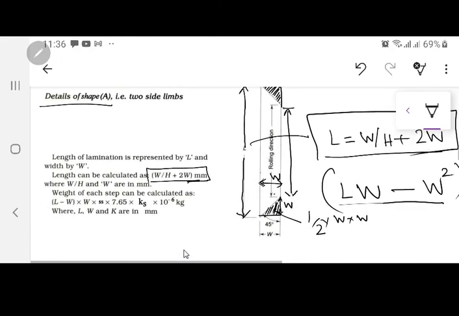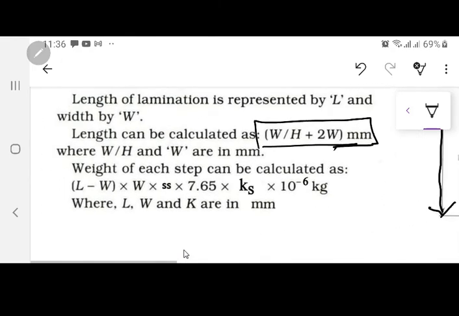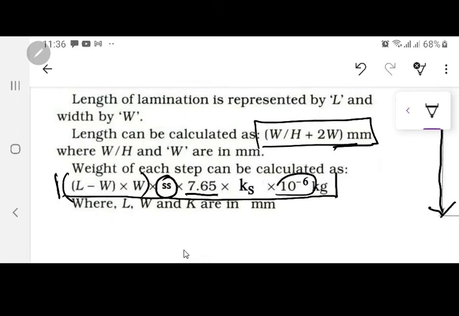If you see this closely now, the weight of each step can be calculated by this formula. What is this formula? It is the same (L minus W) into W, or LW minus W square area, multiplied by SS, that is the step stack or core stack, then multiplied by 7.65 into 10 raised to power minus 6 for the density, and then the stacking factor.